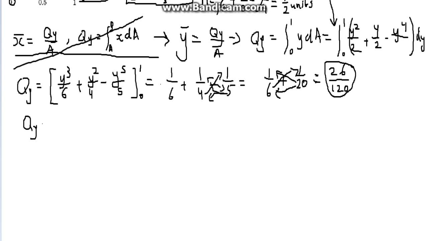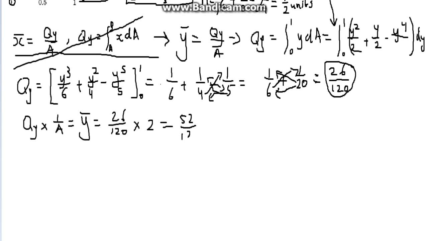Qy times 1 over area now equals y bar. Okay? Don't forget, we changed now. We're not looking at x bar, we're now looking at y bar. So y bar equals 26 over 120 multiplied by 2, and this equals 52 over 120.